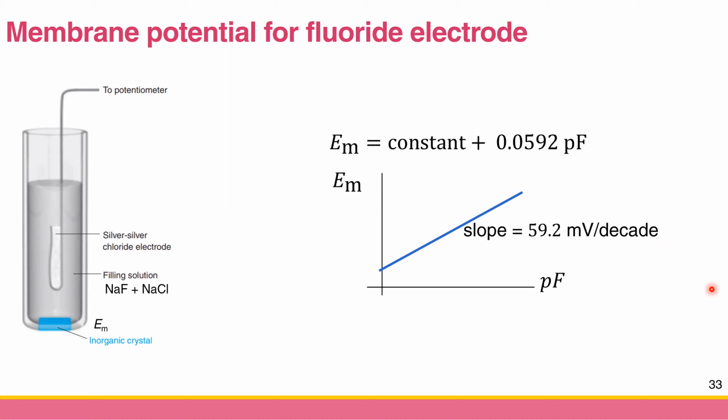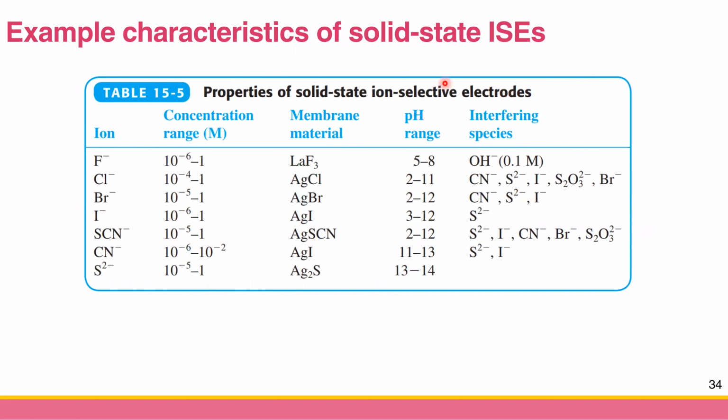Okay, so this is the solid state electrode, for the anion, like fluoride. But there are some operational conditions to operate the fluoride electrode and other solid state electrodes. This is good to know if you become the lab manager and want to purchase a new electrode for the lab.